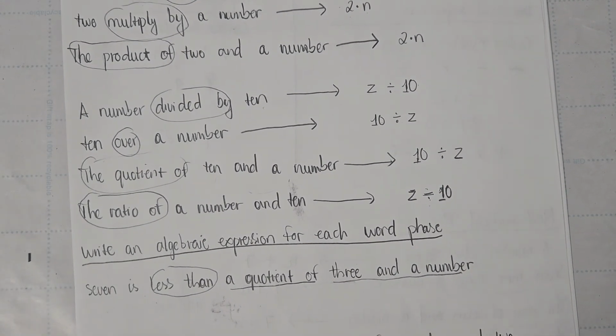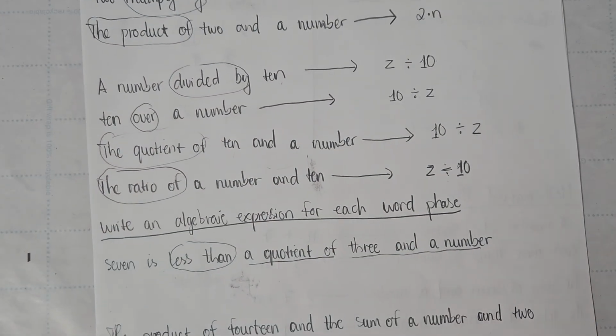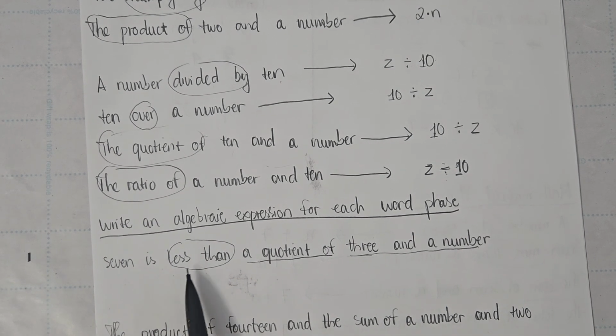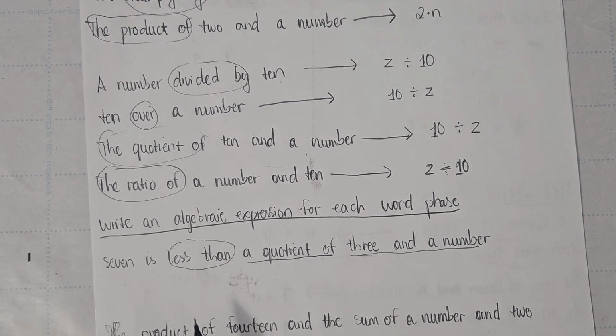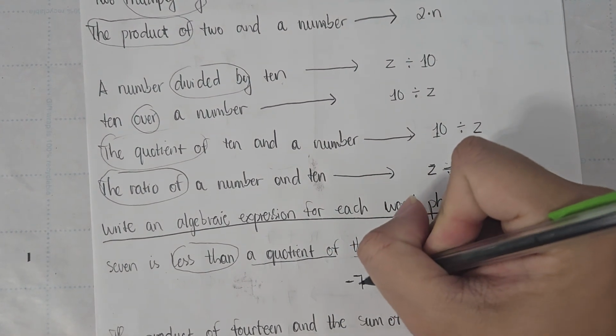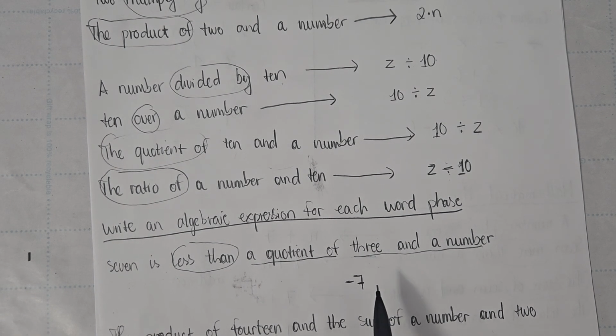Now moving on, we have two more examples that I'd love you to try out. 7 is less than a quotient of 3 and the number. This is not just one operation; we have a subtraction and also a division here.